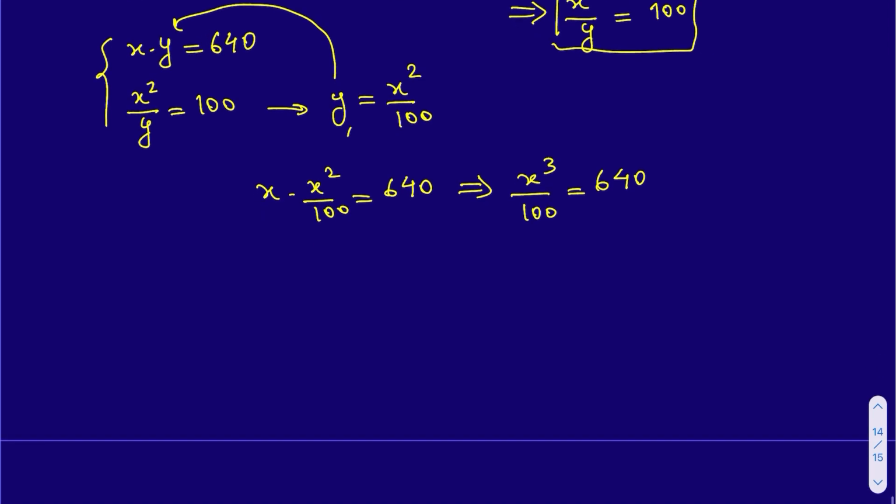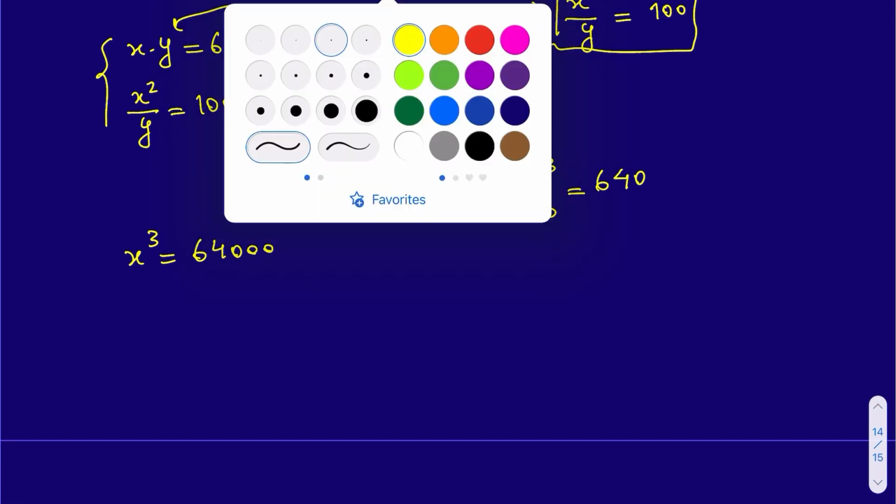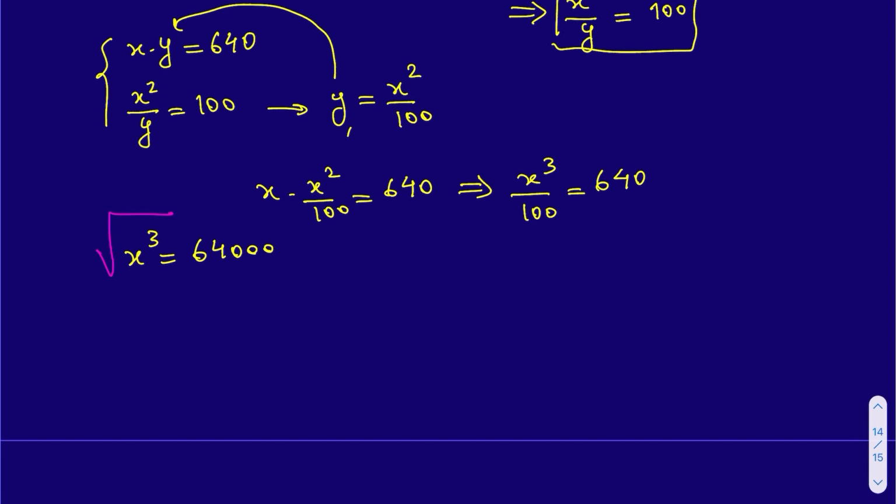So therefore I can say x to the power of 3 is equal to 64,000. Okay, and that will be x equal to 40.